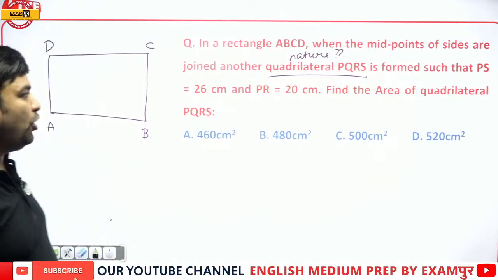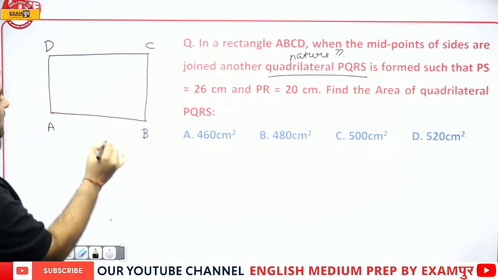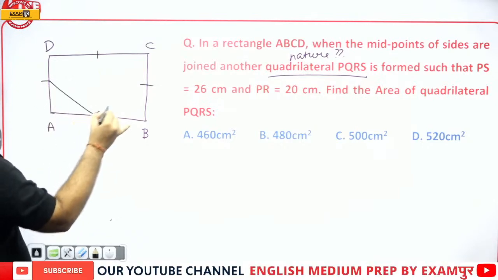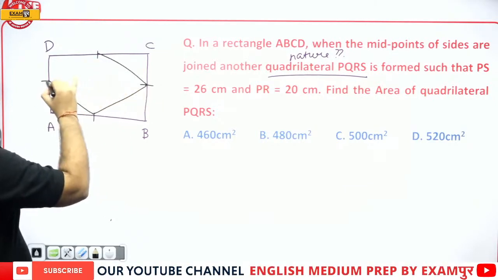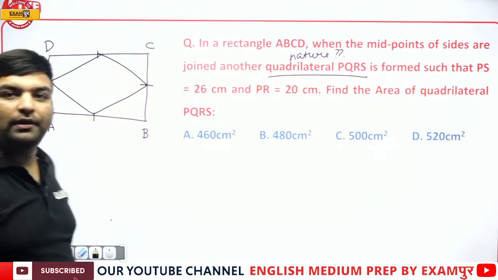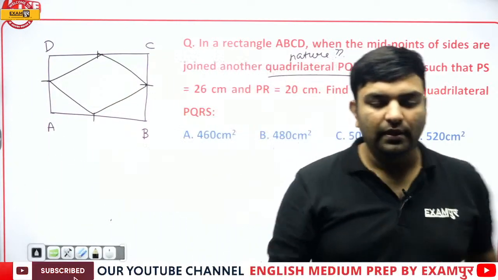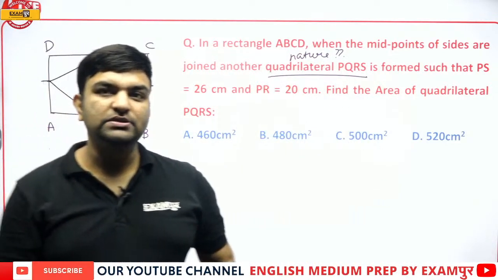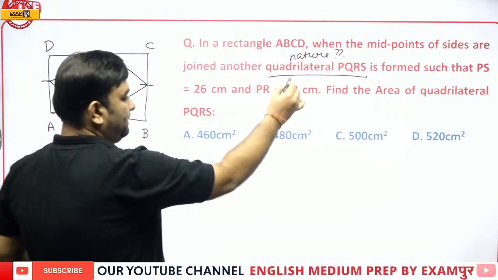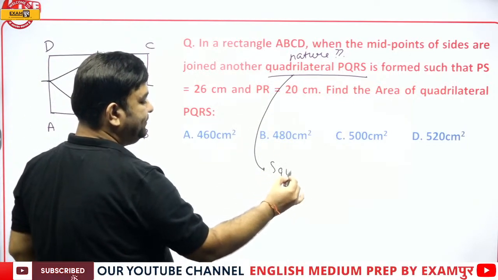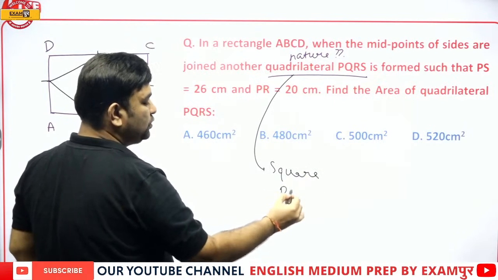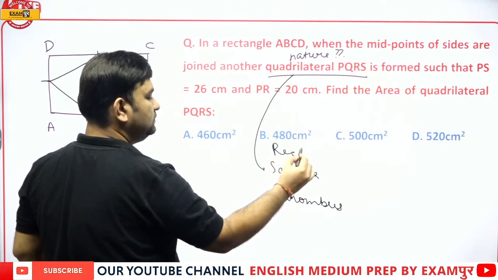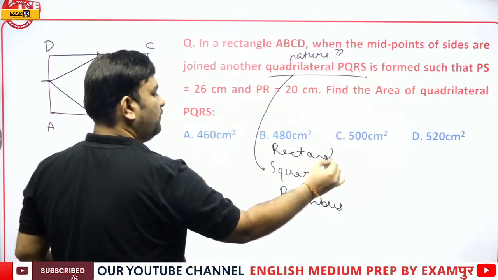On joining the midpoints of the sides of a rectangle, what is the nature of the quadrilateral, guys? The nature of the quadrilateral means either it is a square, rhombus, rectangle, or what?